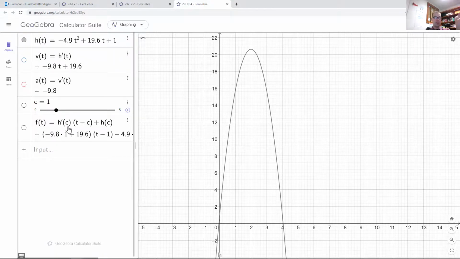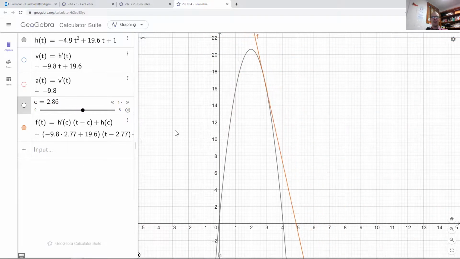And for the specific point, I made c a slider so that we could change the value of it. That would be cool. So I'm just using what we did before, and take a look. I can just let that c value vary, and we get a tangent line that moves directly around the graph at any c value we want.